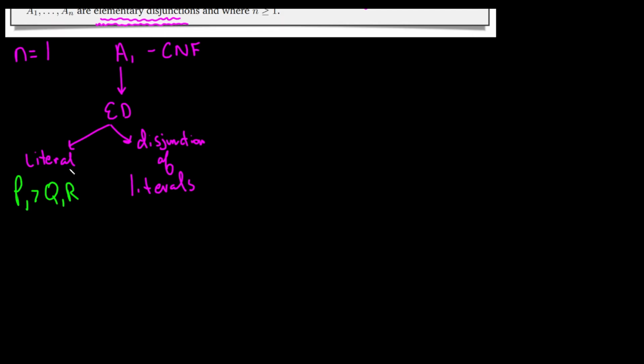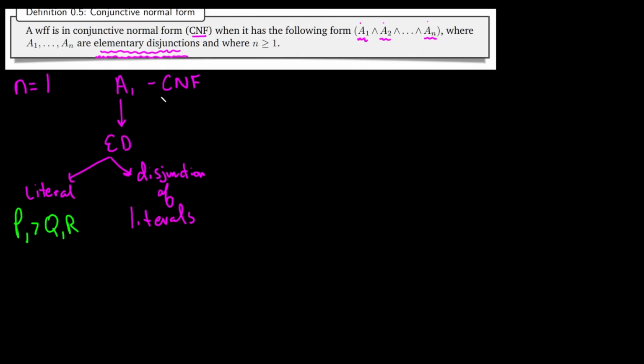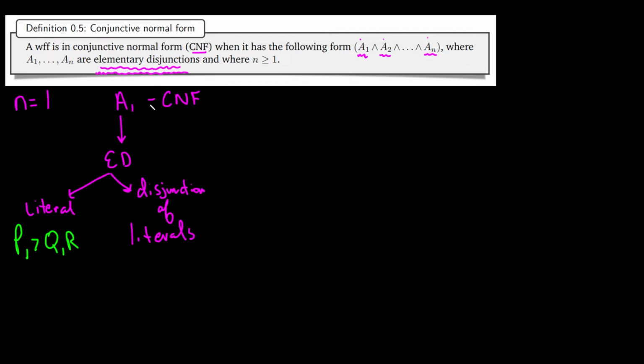And since they're literal well-formed formulas, they're elementary disjunctions because all literals are elementary disjunctions. And since it is an elementary disjunction and it has the form A1, it is a single proposition or formula, then it is in conjunctive normal form.